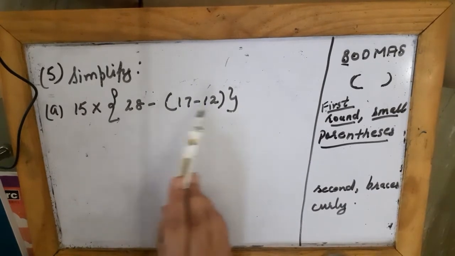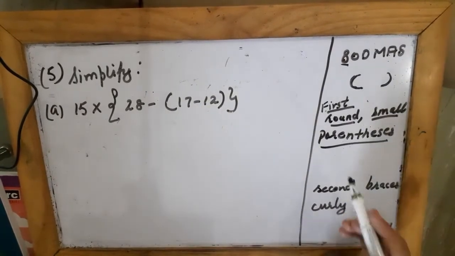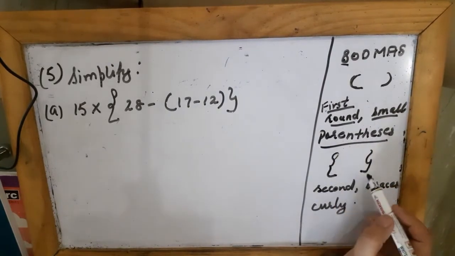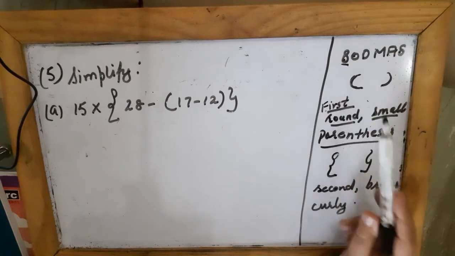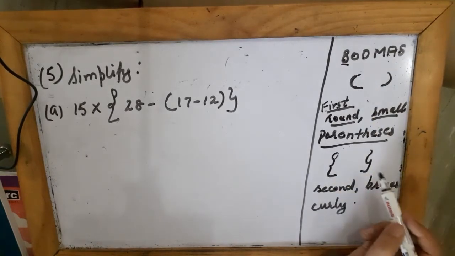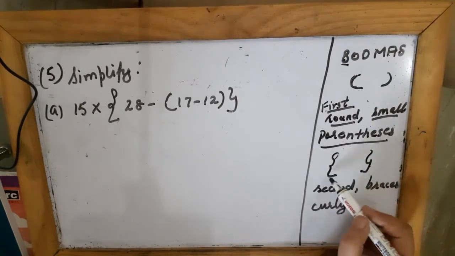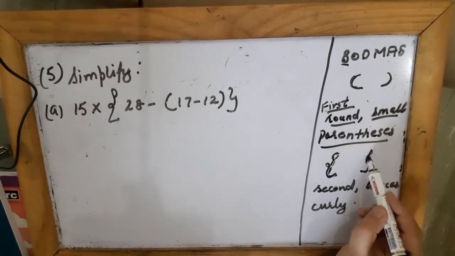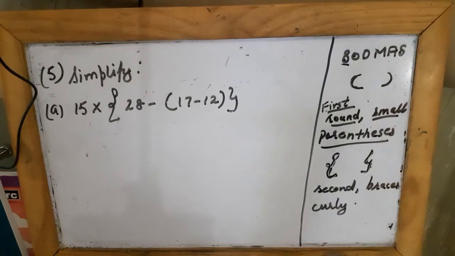Now second type of bracket you have here is like this. So this is called the second bracket. This was the first bracket, this is the second bracket, or you call it braces, or curly brackets. You can see this is curled. So we call it curly bracket also.